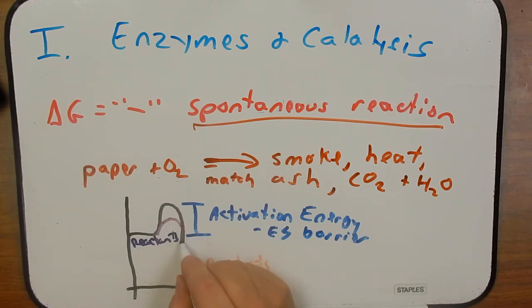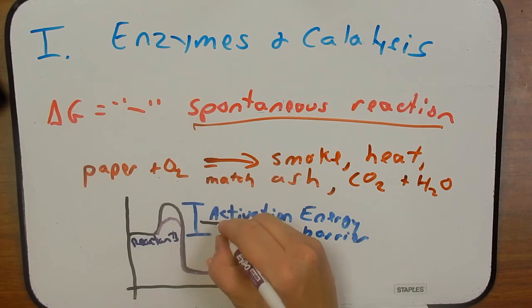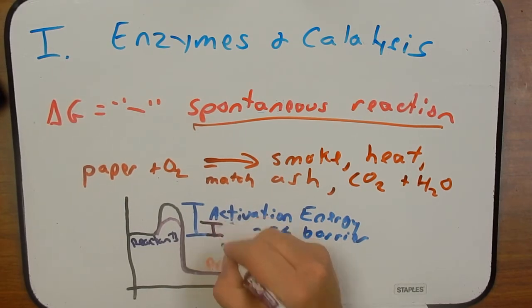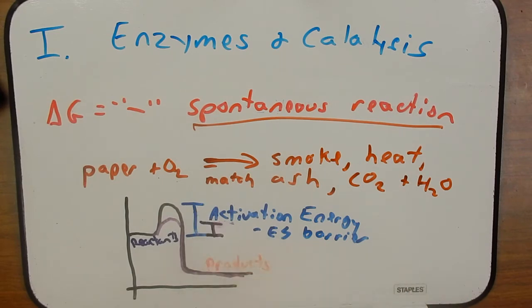So maybe it's like that with an enzyme, in which case the energy of activation is now this value here. So you can see the blue here without an enzyme and the purple here with an enzyme, how the activation energy has been lowered, which now makes this reaction much more probable.